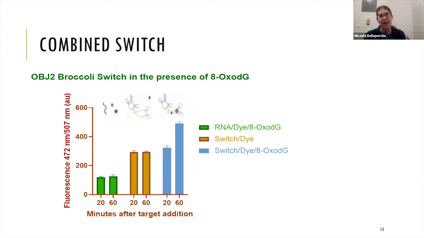this design. However, in the third condition in blue, I show the effects of 8-oxo-deoxyguanosine over the course of an hour, where by binding to the aptamer, stabilizing the aptamer, we see a distinct increase in the fluorescent signal.